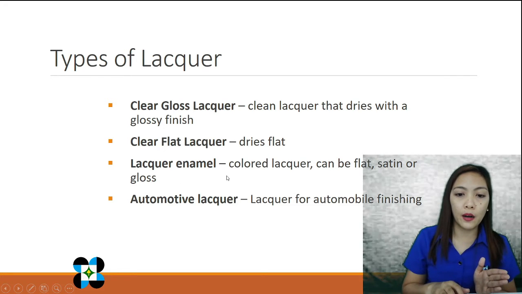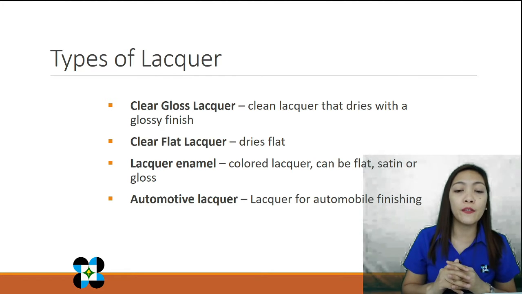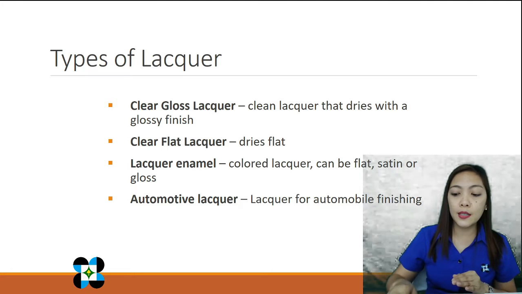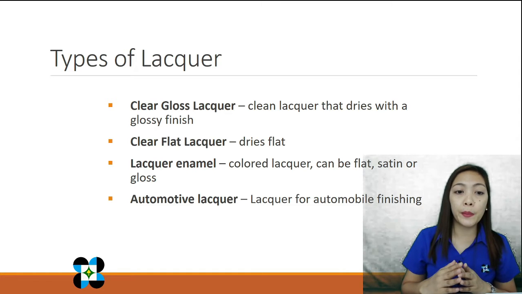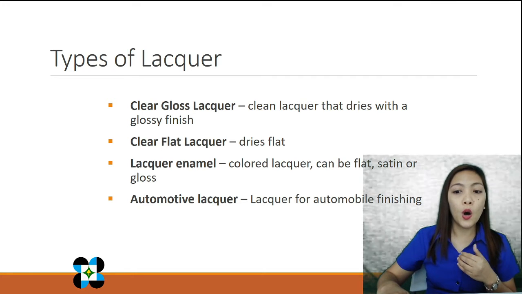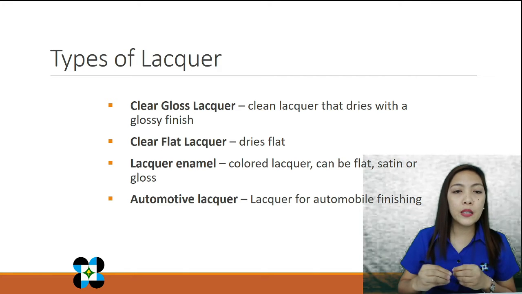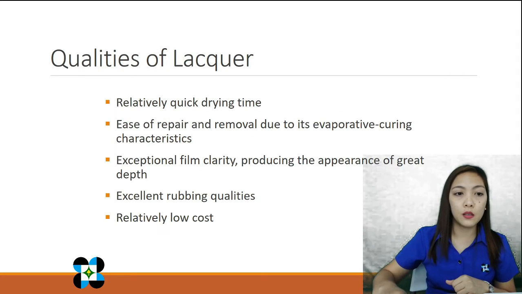So basically, the resin is lacquer, pero ginagamit siya talaga for automobile finishing. But there are some who also use this automotive lacquer. So comparatively, since pareho silang lacquer, pareho lang yung kanilang properties, but dahil nga yung automotive is for automobile finishing, mas mataas yung weathering resistance niya as compared with clear gloss lacquer.